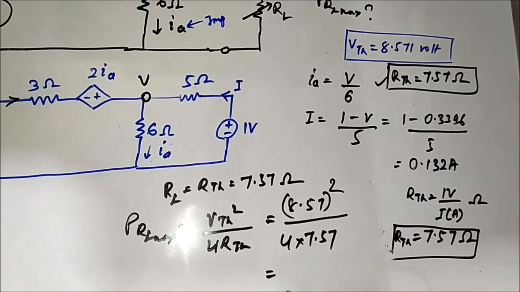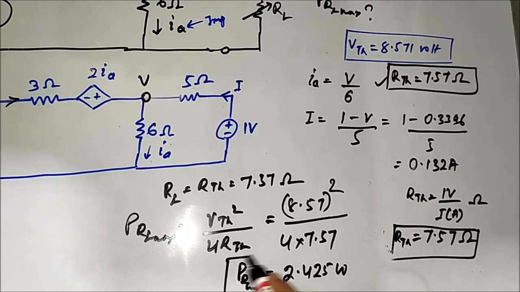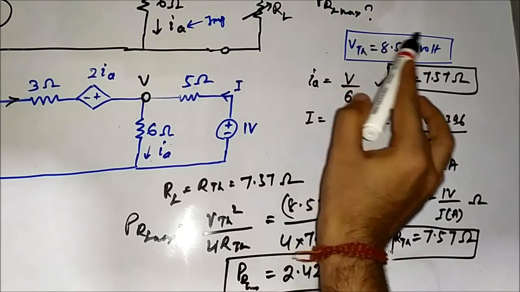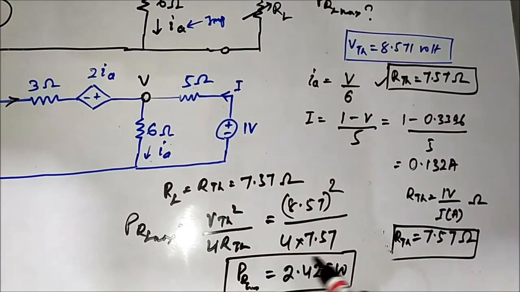Okay, 2.425 watts PRL max. Okay, so we have got VTH, we have got RTH, and we got PRL max.